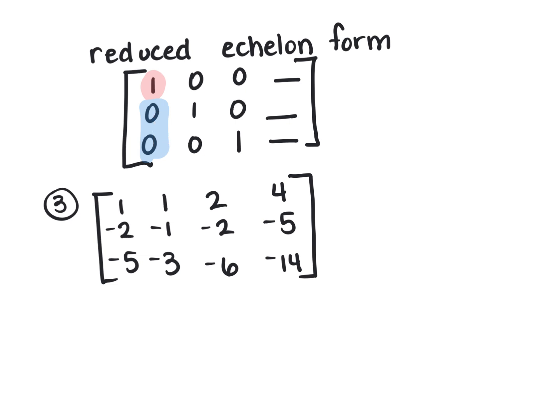That's your first step. Second step is to get a 1 here and put zeros above and below. And lastly, you're going to put a 1 here and you're going to have zeros above it. Now, with what happens over here, you're going to have numbers that change as you go through and make those things happen where you have the 1s and the zeros.